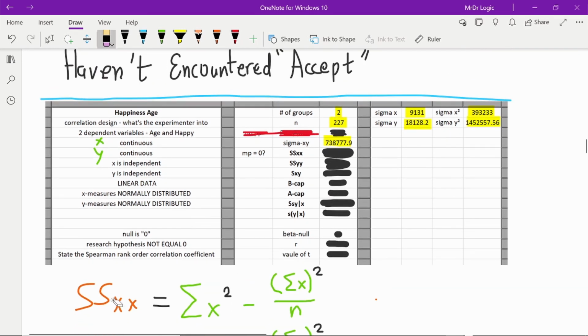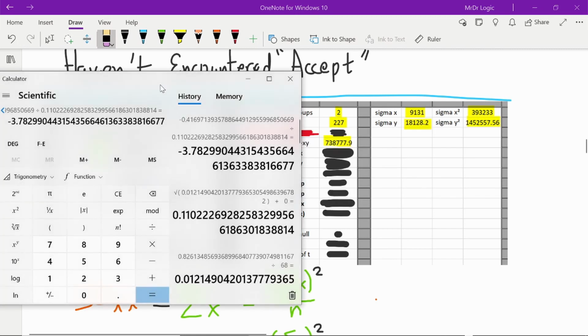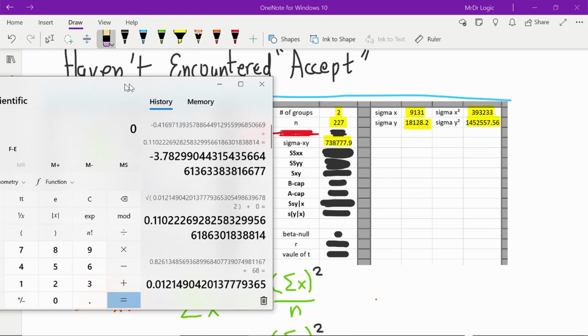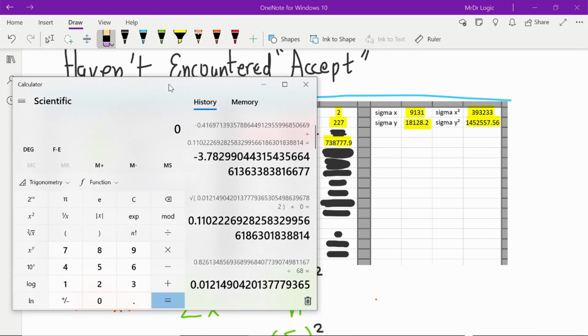So let's do the SSXX, quite literally, though it'll ask for something like sum of x or something weird like that. So let's do that right now. What we're going to do is take 9131, square it, divided by 227.